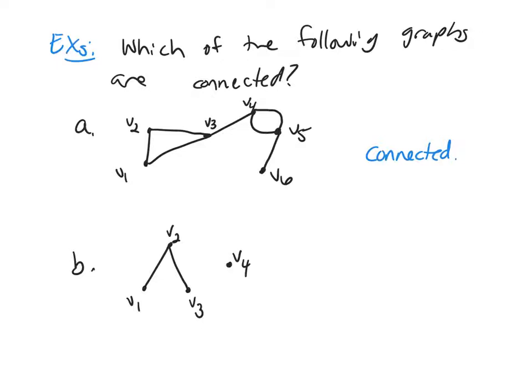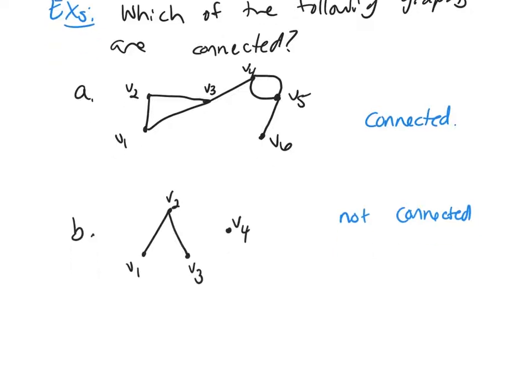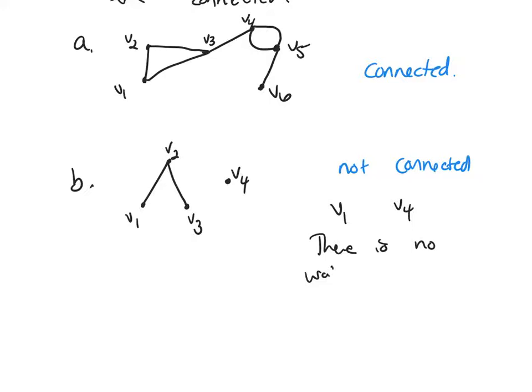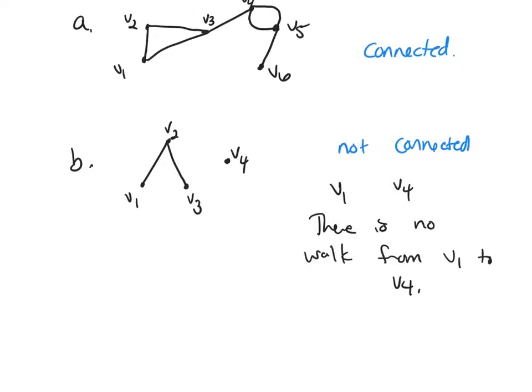So this graph is not connected because if I take any one of the vertices, so let's just say I take V1 and V4, there is no walk from V1 to V4, or from V2 to V4, or even V3 to V4.